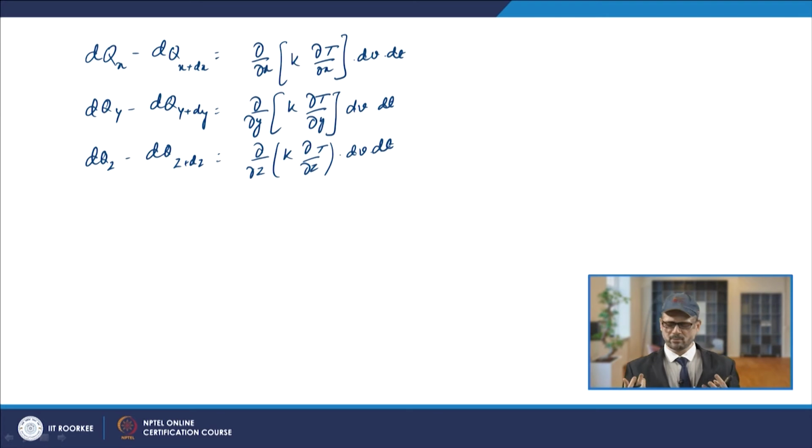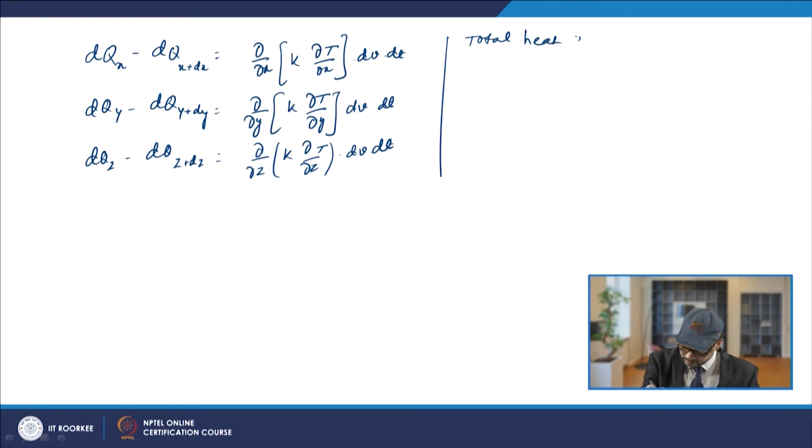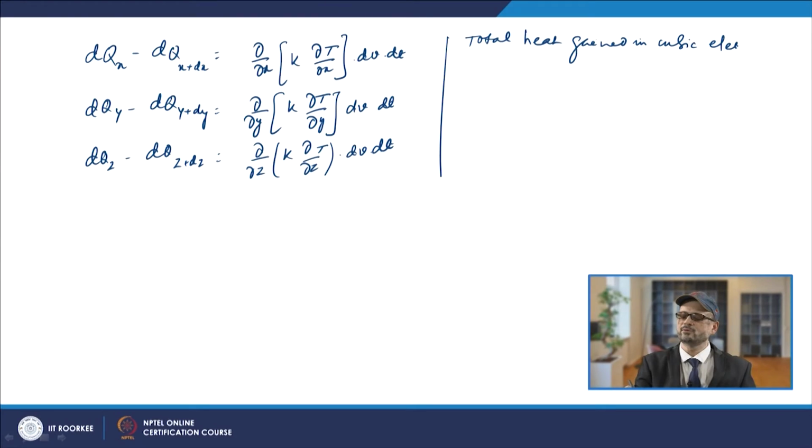If you talk about the total heat gained in this cubic element, it will be dqx minus dqx plus dx plus dqy minus dqy plus dy plus dqz minus dqz plus dz. So the total heat gained, dq, is the summation of all these.